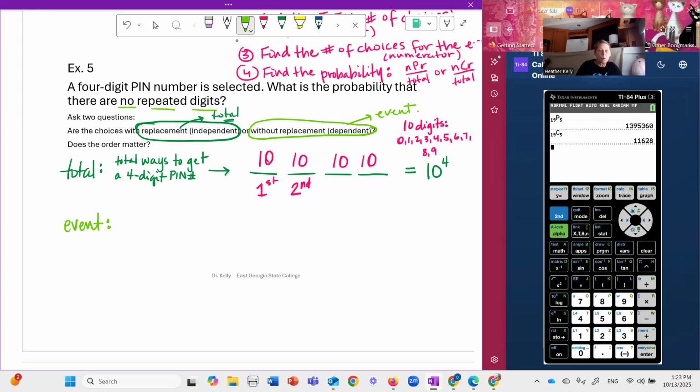So, does the order matter? No. nPr is what we're going to use. So the event, let's say what the event is. The event is that the PIN number has no repeats.